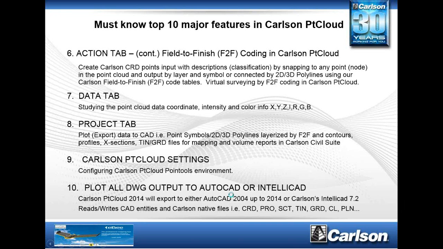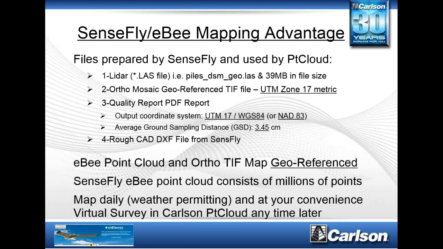The one thing that we've noticed at Carlson, working with the SenseFly eBee drone point cloud maps and geo-reference TIFF maps, is that you get a collection of files. And you get a LiDAR file, which I'm going to bring one in from scratch and show you on the next example of doing volumes. You can bring in a LiDAR file, import it, create the Carlson POD file. You can also, in CAD, load the OrthoMosaic geo-reference TIFF file.